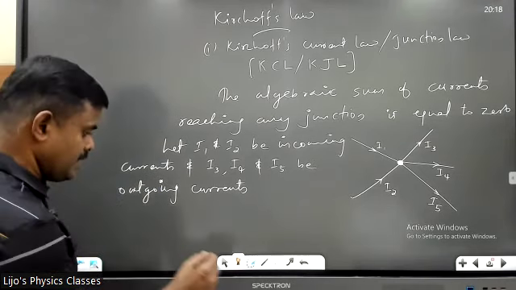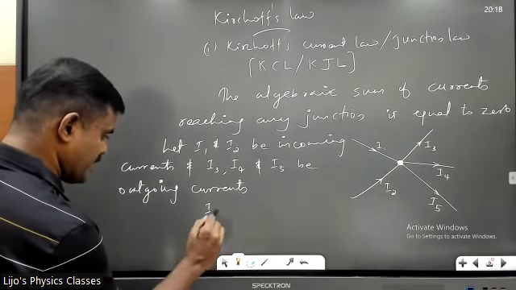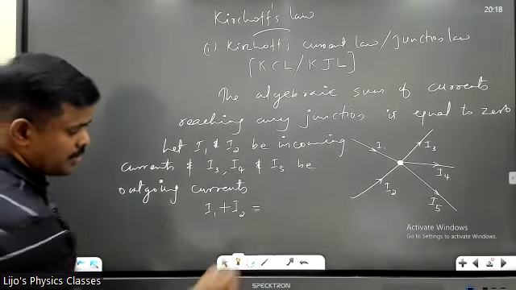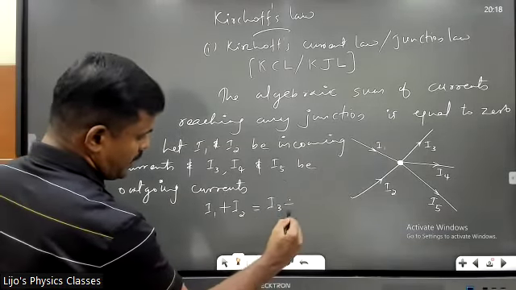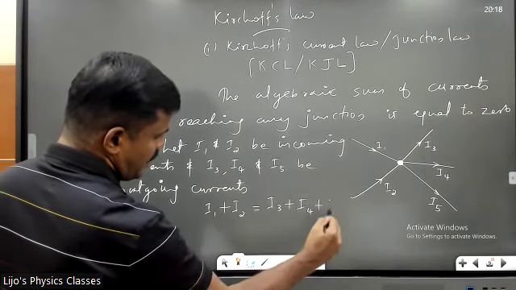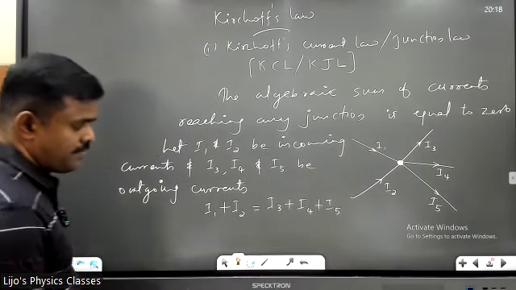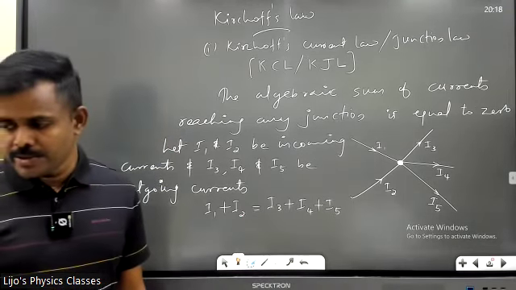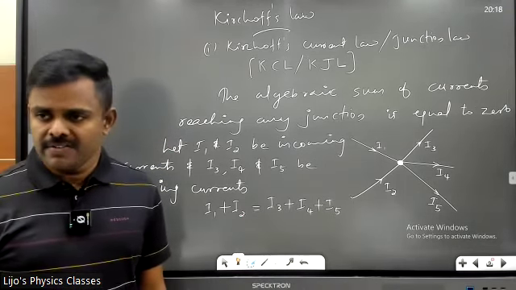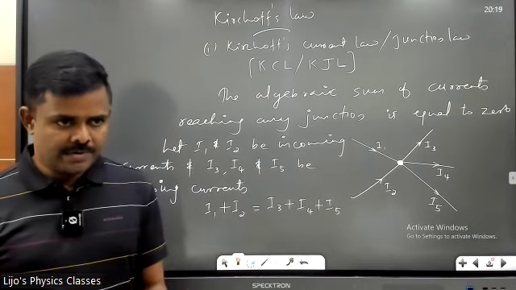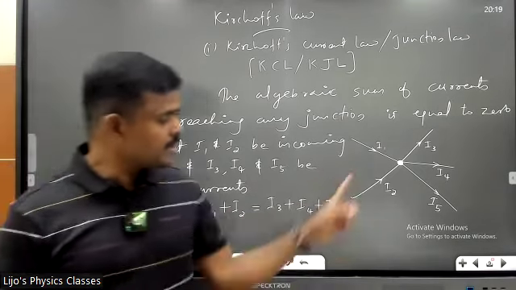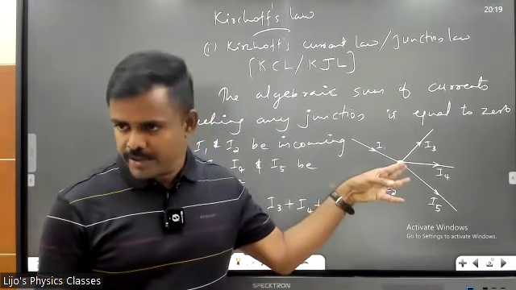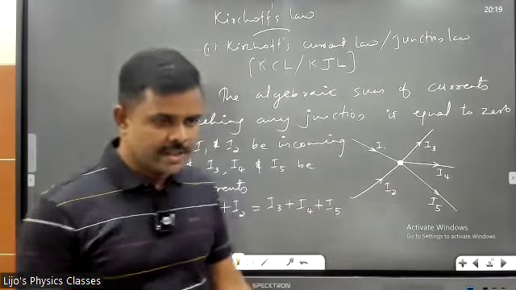Then write I1 plus I2, the net incoming current, should be equal to I3 plus I4 plus I5. I1 plus I2 is the total incoming current. The current coming to the junction must be equal to the current going out of the junction, right?